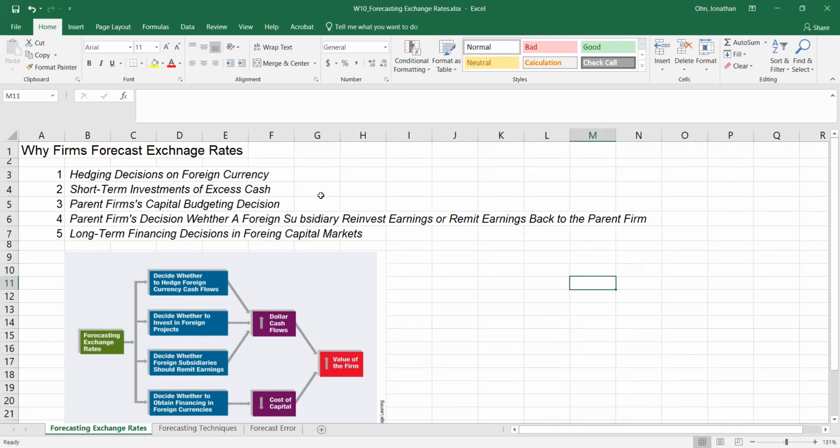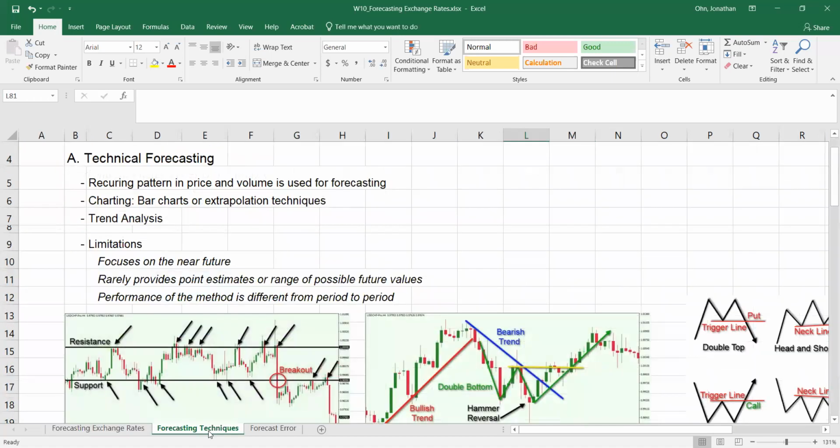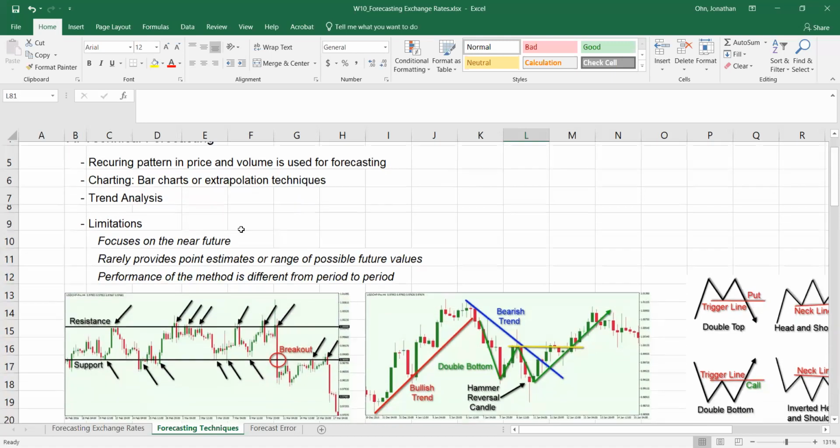All of these are decisions related to forecasting. An important feature of technical forecasting is that they use charting, bar charts, extrapolation techniques, or trend analysis.